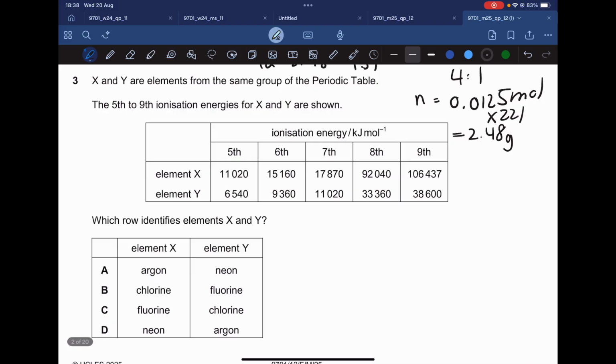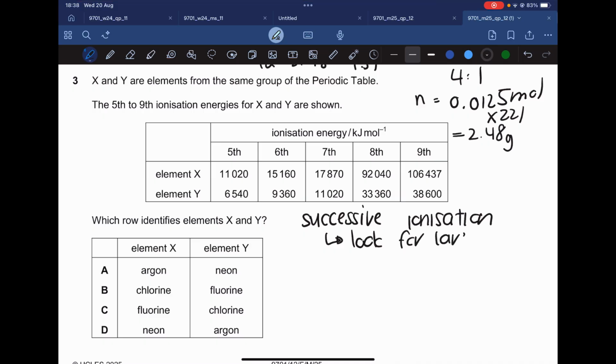Okay. X and Y are elements from the same group of the periodic table. The 5th to 9th ionization energies for X and Y are shown. Which row in the table identifies elements X and Y? So this is successive ionization. It's taking one electron after another, and that means you look for the large jumps in ionization energy.